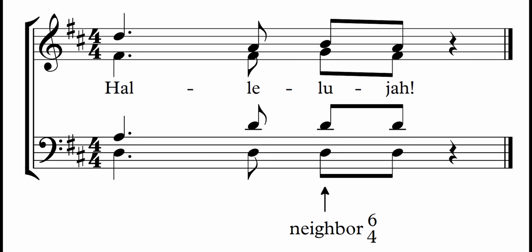D major. I don't think anybody would suggest that we have entered a new part of the phrase. This whole measure is tonic, and tonic is decorated with this neighbor motion, hallelujah, and we would call this a 4 6/4 chord. And what type of 6/4 chord? A neighbor 6/4. Really quick neighbor motion.